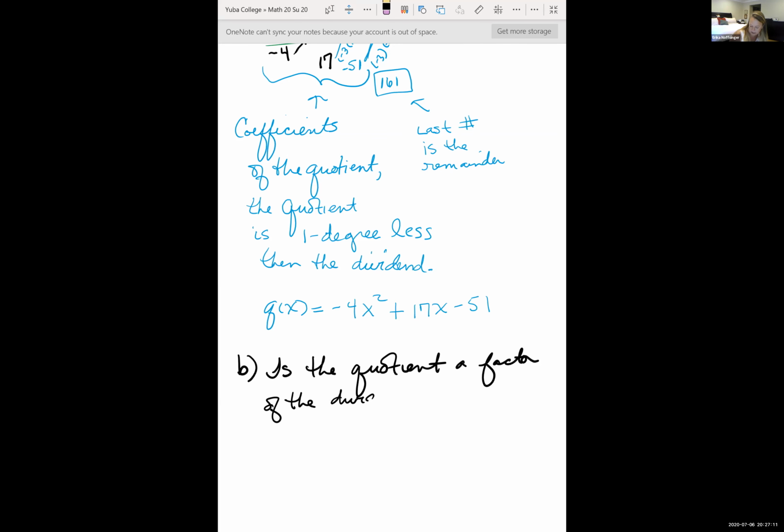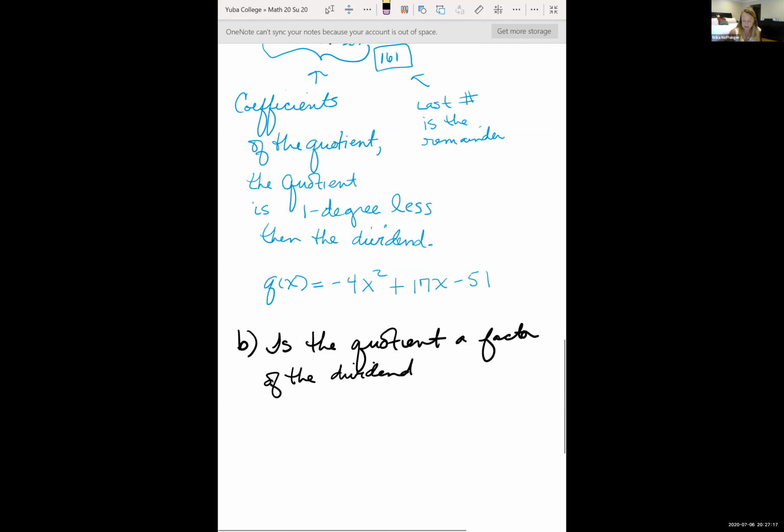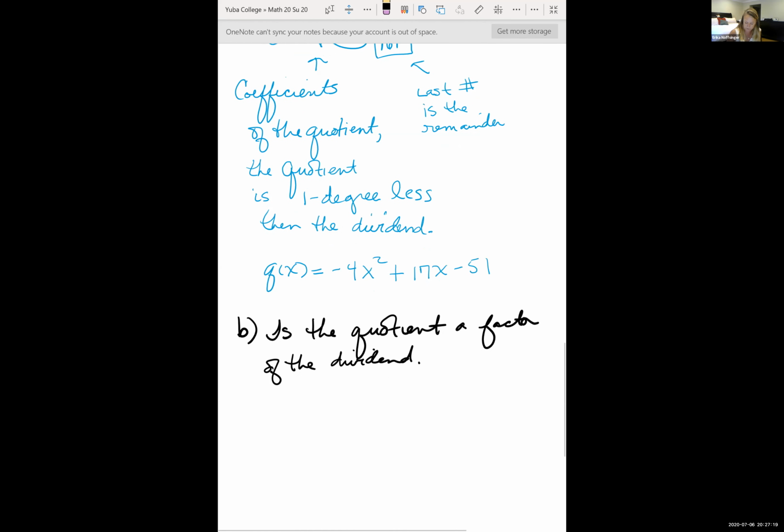Well, we didn't get a remainder of 0, so it doesn't go in evenly, and so no. So by the factor theorem, it's not, because the remainder is not 0.